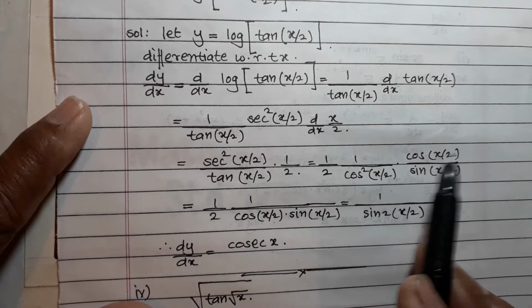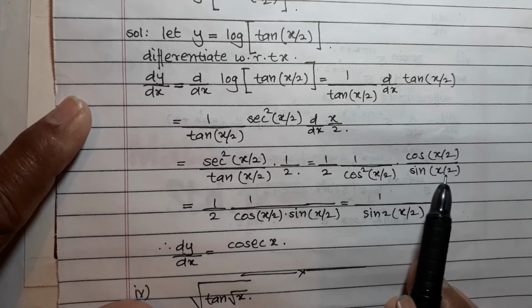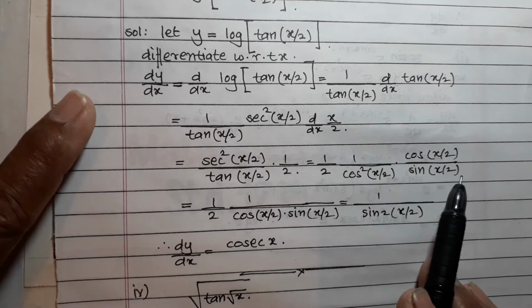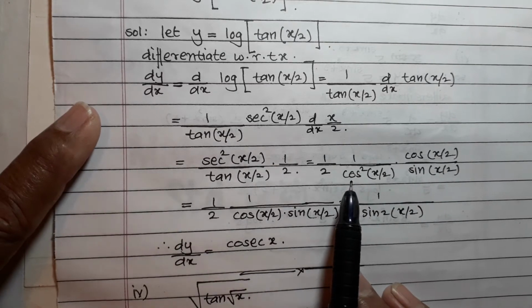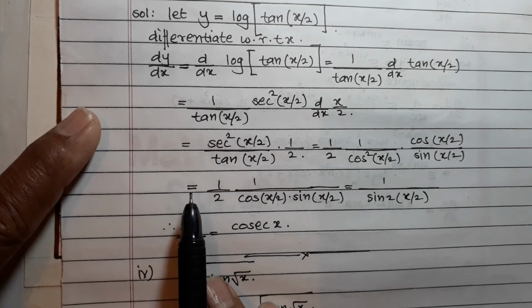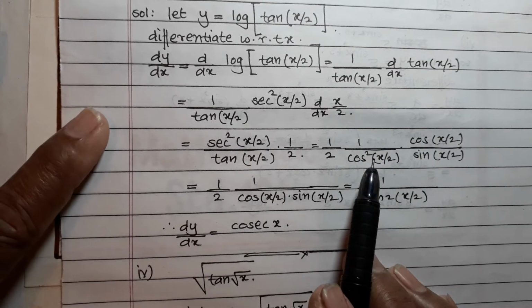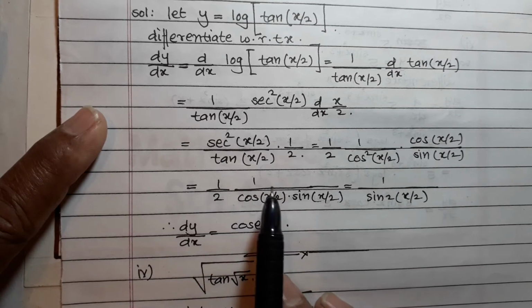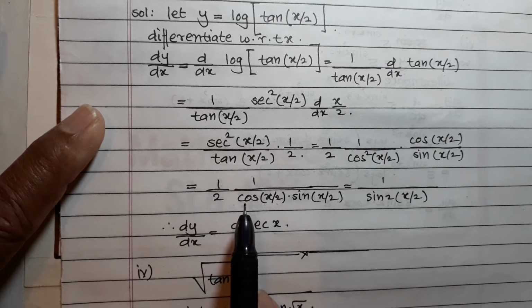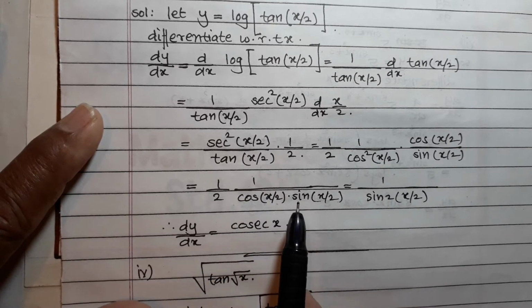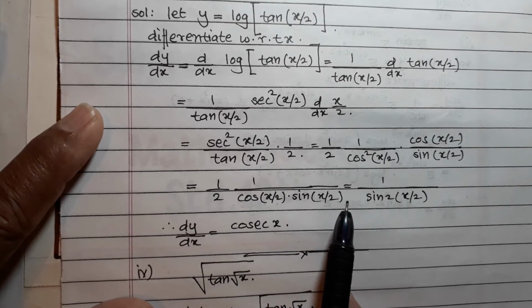is equal to cos x upon 2 upon sin x upon 2, and if you simplify this you will get, this cos and one of the cos get cancelled, 1 upon 2 into 1 upon cos x upon 2 into sin x upon 2.